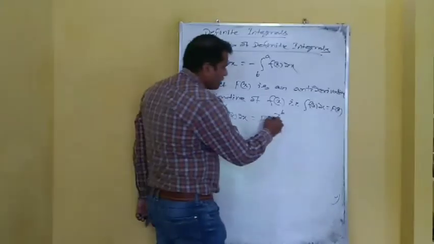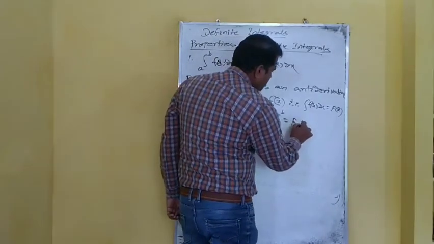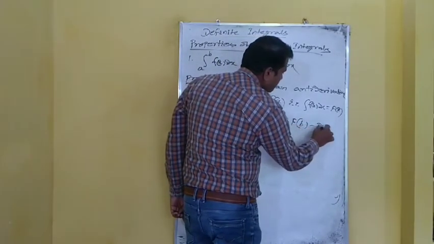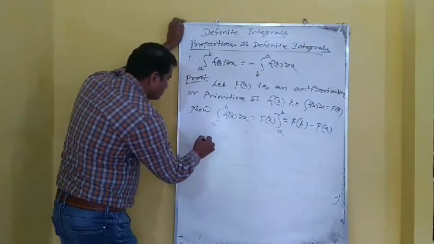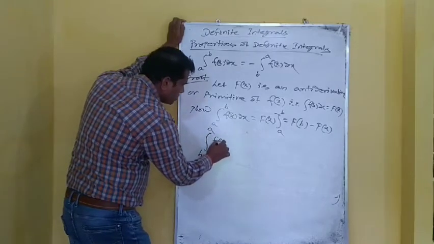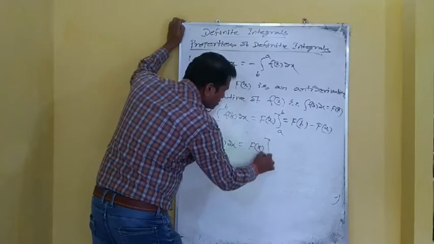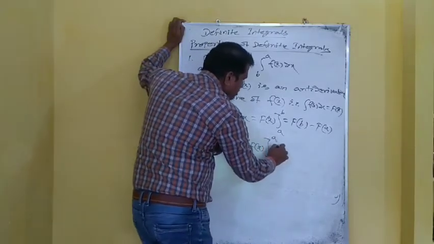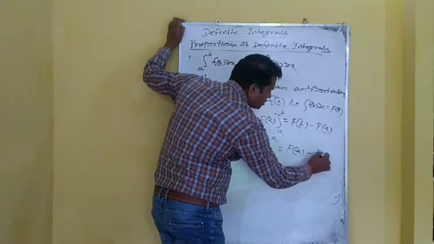So F of x from a to b equals F of b minus F of a. Similarly, the integral from b to a of f of x dx is F of x from b to a, that means F of a minus F of b.